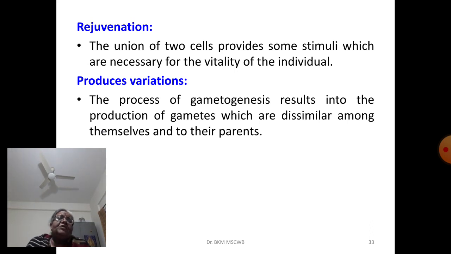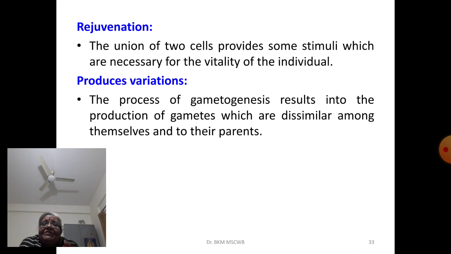The process of gametogenesis results in the production of gametes which are dissimilar among themselves and to their parents, because exchange of genetic material takes place during the pachytene stage between non-sister chromatids of homologous chromosomes. If you have studied meiosis in detail, especially the first meiosis, you will understand this concept better. As a result, the gametes are dissimilar among themselves.